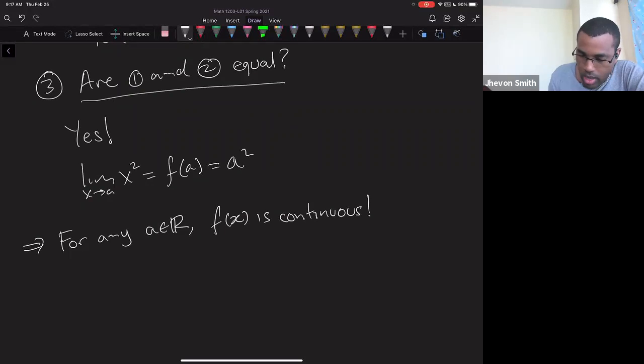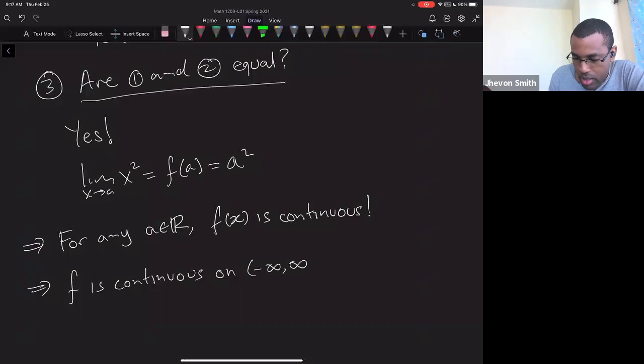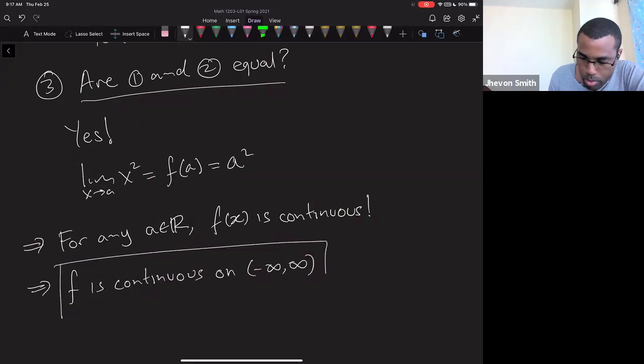And we can say here, f is continuous on, because the question asks for the interval, so we have to give them the interval. Boom.